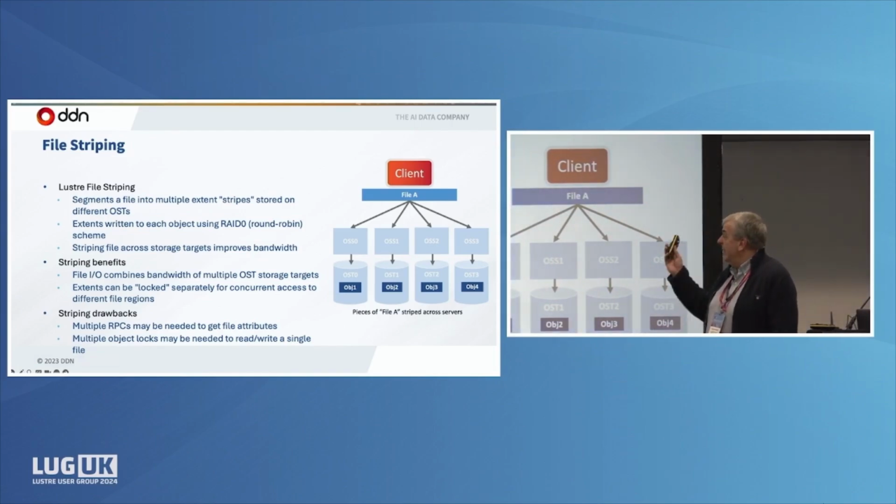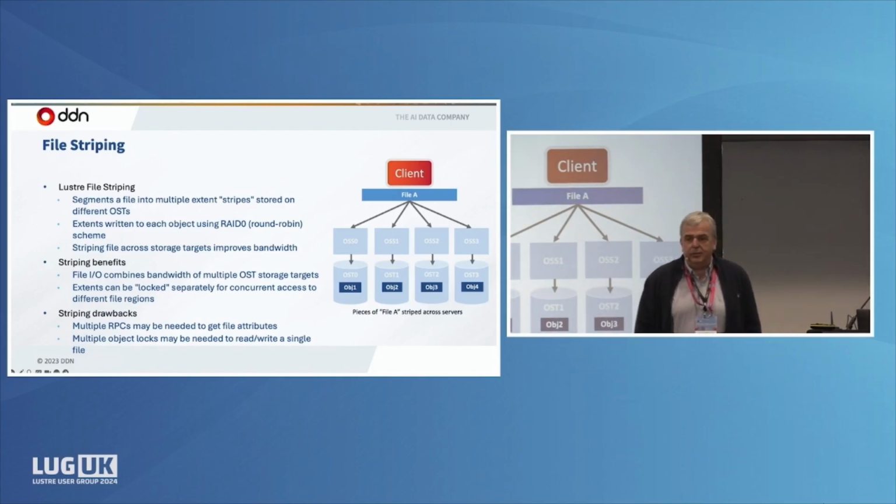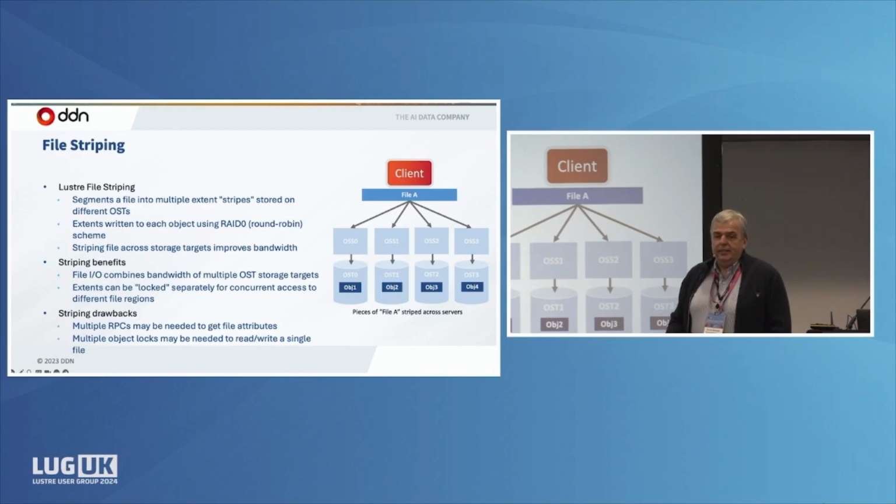On the right-hand side here, you'll see the client has a concept of a file. So you have a start point and end point, and it may be, say, 4 megabytes in total. Now, how Lustre increases the speed is through parallelism.